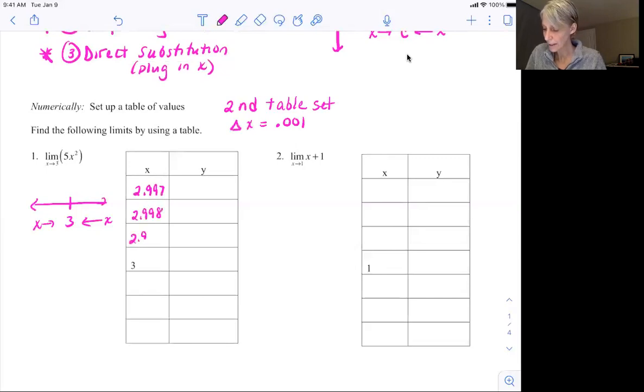See how my numbers are getting close to 3, and from the other direction, 3.003, 3.002, 3.001. Now you could do this differently, but if we all use the same delta x, the change in x, everyone's answers are going to be the same.